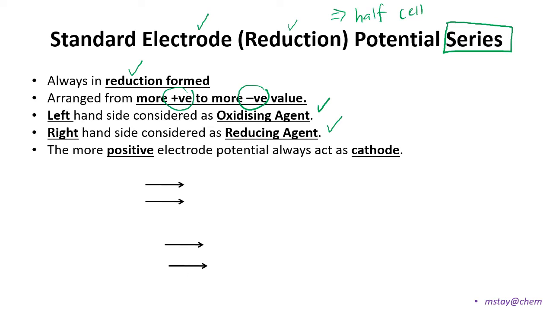We notice that the more positive electrode potential will always be at the cathode. This is how I remember it: positive has a T which is a plus, and cathode also has a T. So the more positive value will always become the cathode in the galvanic cell.